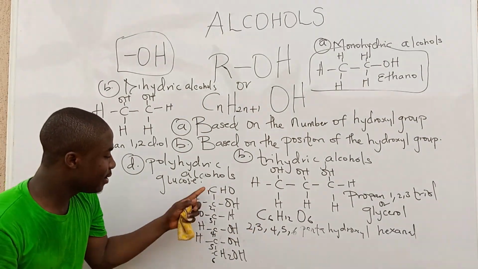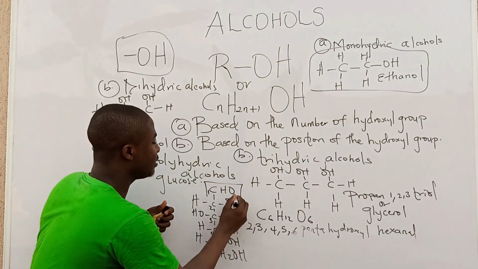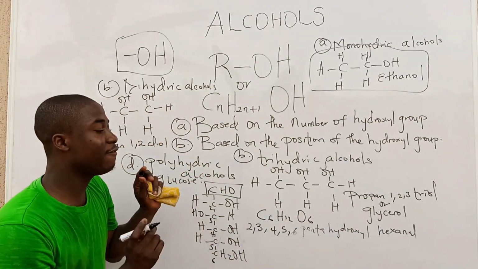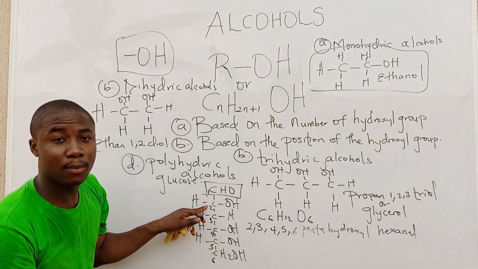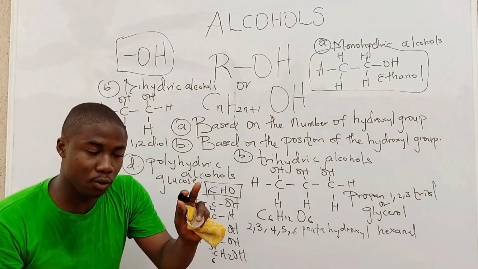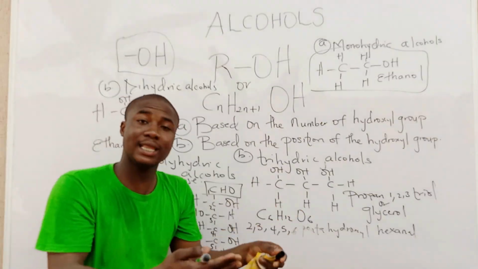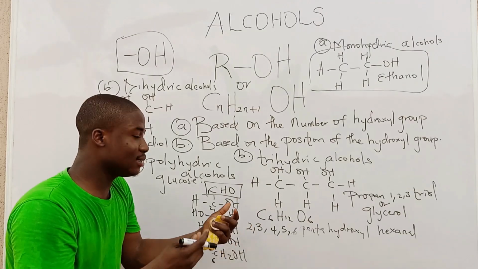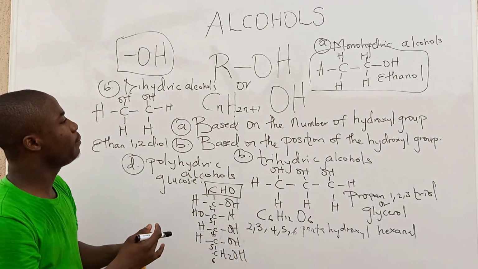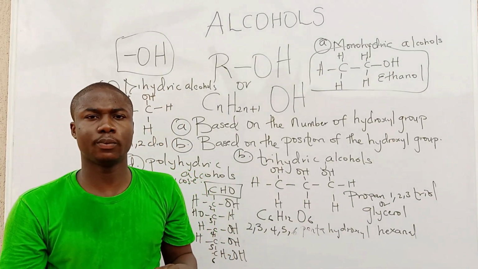You can see we have 6 carbons, so it will be hex, and the functional group here is the functional group for alkanal, so the parent name will be hexanal. We have 5 OH, and the OH here starts from carbon 2. That is why it is 2,3,4,5,6-pentahydroxy, because the OH is called hydroxyl, and this is a polyhydroxy alcohol.